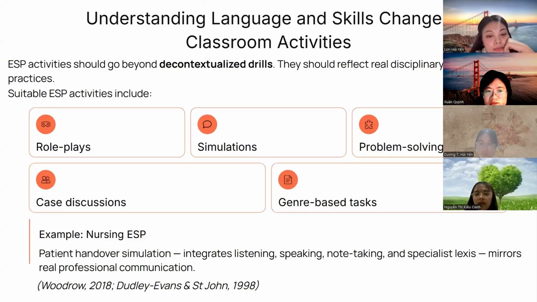One effective activity is a patient handover simulation. In a real hospital, a nurse often has to pass important patient information to another nurse clearly, quickly, and accurately. This is not just casual conversation. It is professional communication where mistakes can have serious consequences.